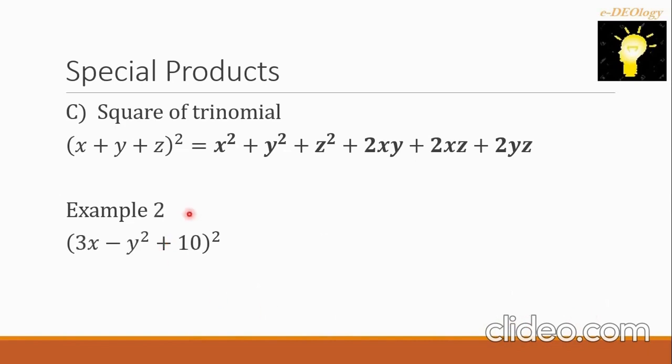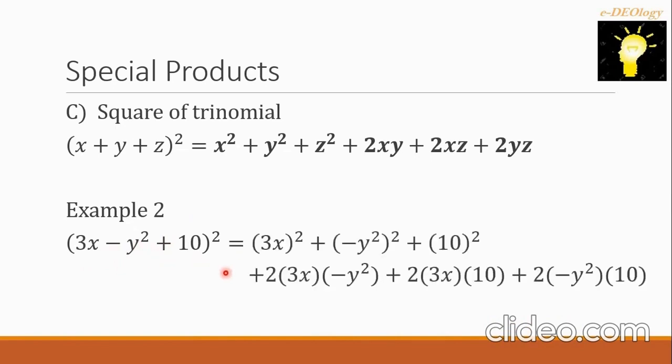Let's see example 2. 3x minus y square plus 10 all raised to 2. So let us use our special product. Let us square each term here. So 3x is squared. The negative y square is also squared. And the positive 10 is squared.